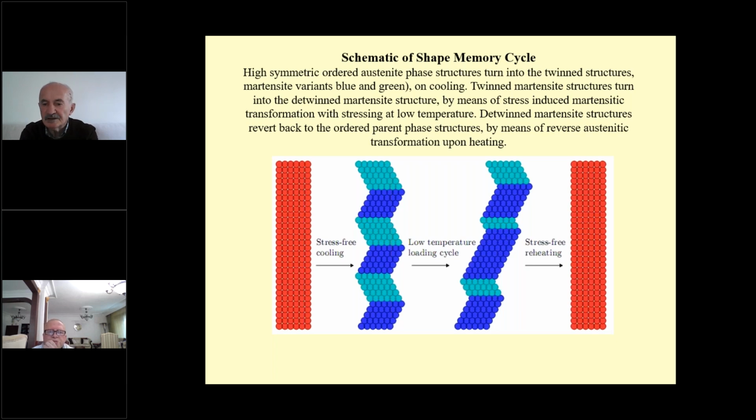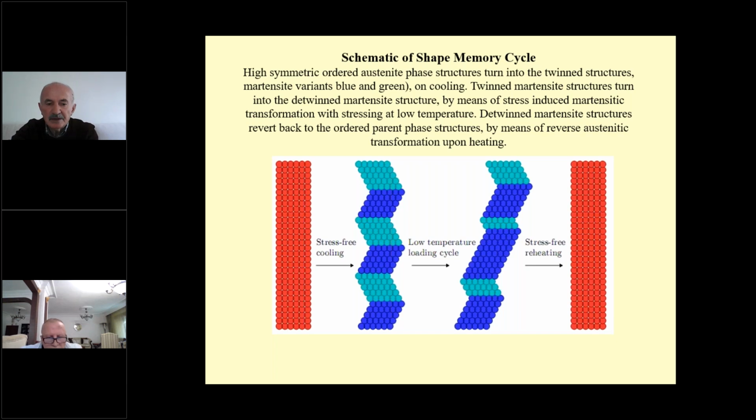This is a schematic of the shape memory cycle in shape memory alloys. Let me inform you that shape memory effect and superelasticity are observed in the parent phase region of the material, and an ordered parent phase structure is essential for the quality of shape memory behavior. First step is cooling.